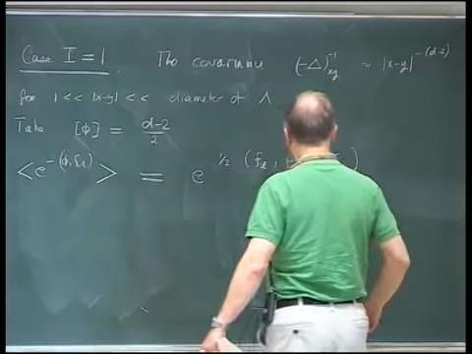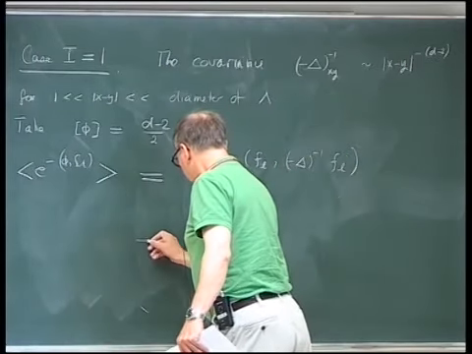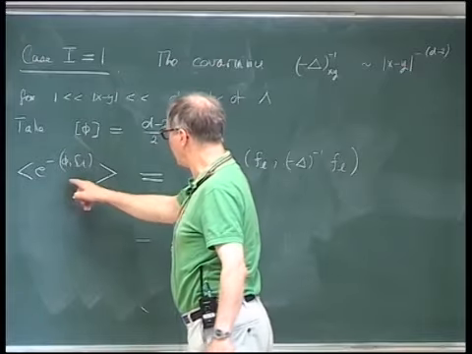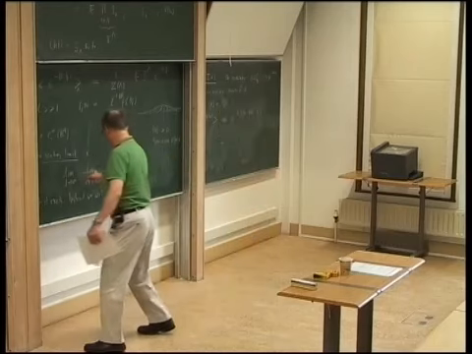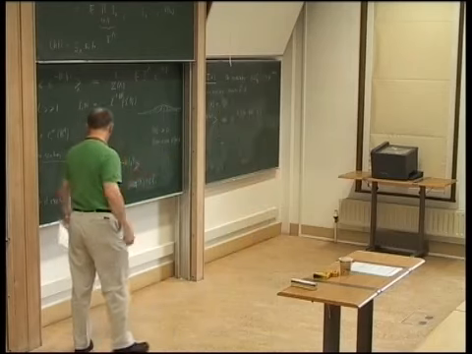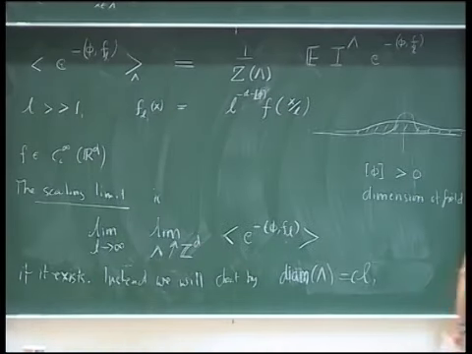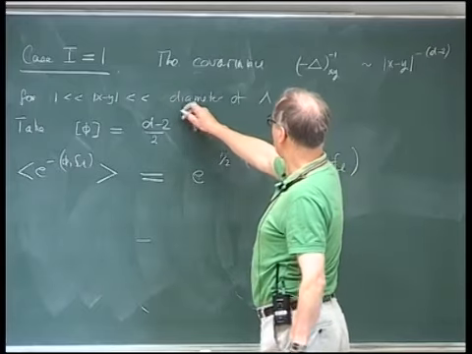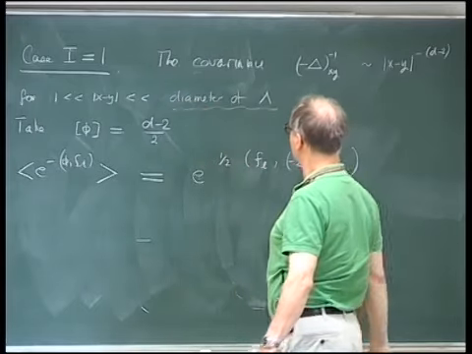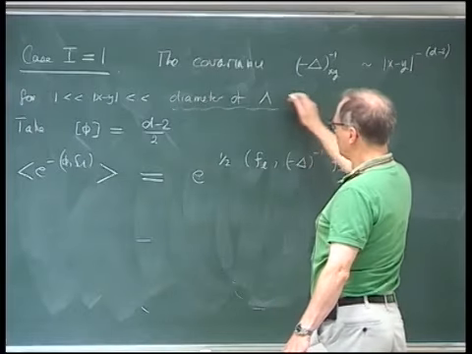Now, we're interested in these two limits. And actually, for this calculation, I am going to do the limits in the right order. It's easier. If we do the infinite volume limit first, we won't have to worry about this diameter of lambda business here, because that'll be infinite.